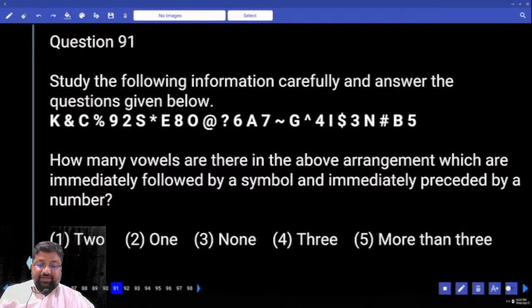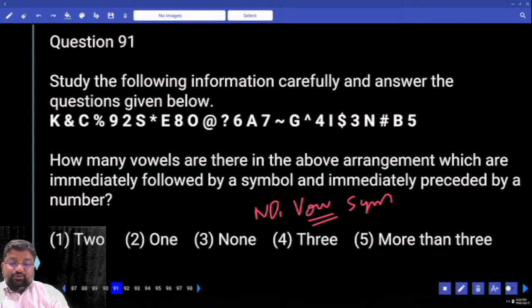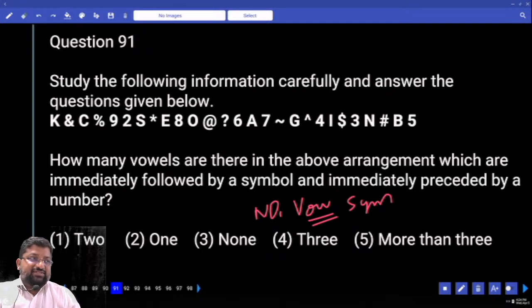91. How many vowels are there in the above arrangement which are immediately followed by a symbol and immediately preceded by a number? What I suggest you here is better you go with the vowel, because you will have only a few vowels.